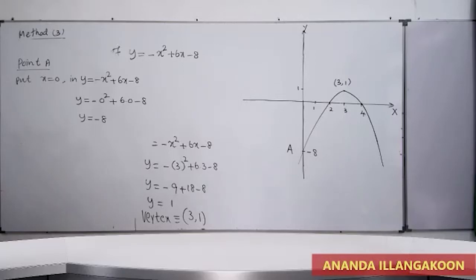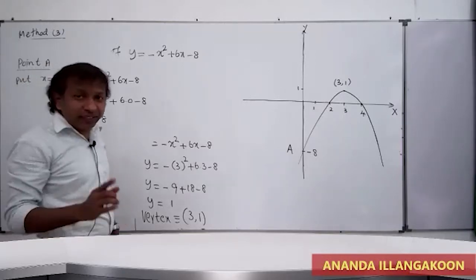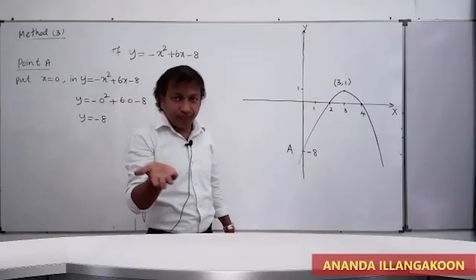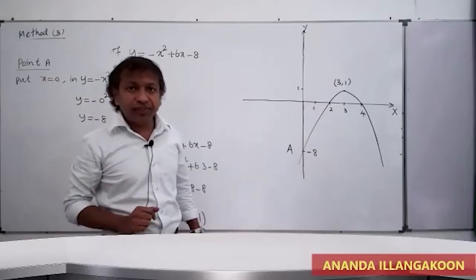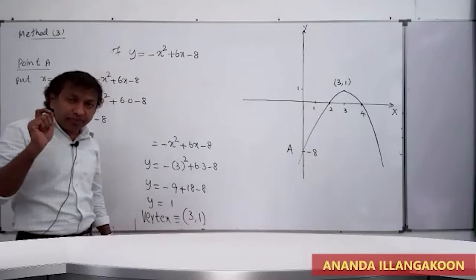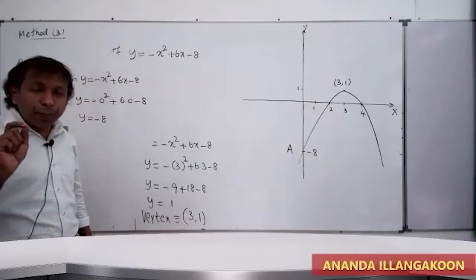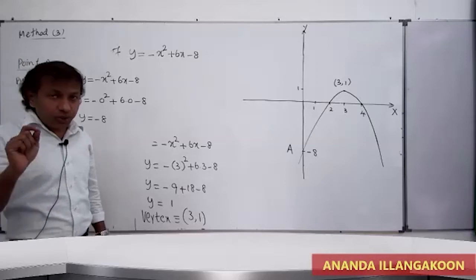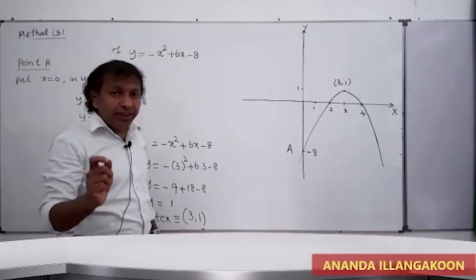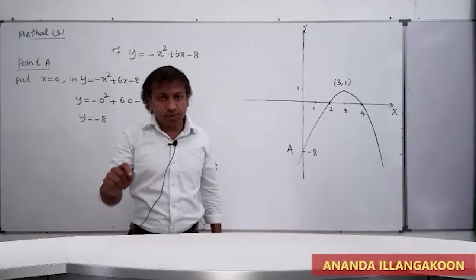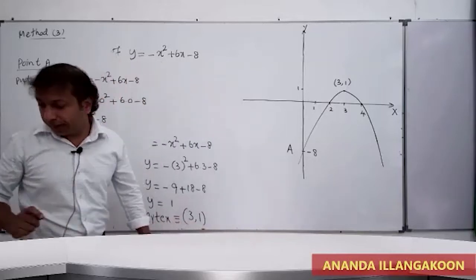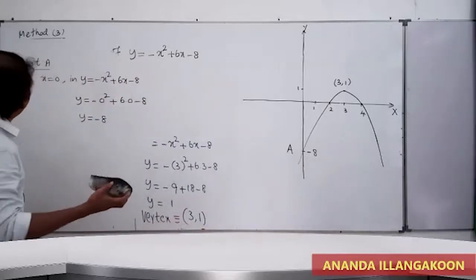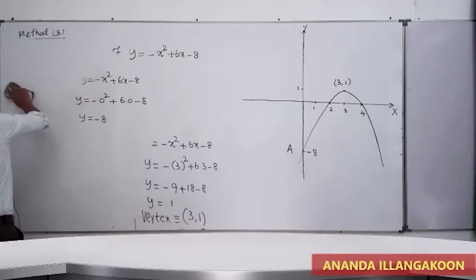Again, I am going to take the very first question, the minimum graph, to draw using the third method. That method is called the completing the square method. So here you should know what completing the square is, which you have done in your levels, but I'll remind you. Okay, right. Write down method number 3, completing the square method.